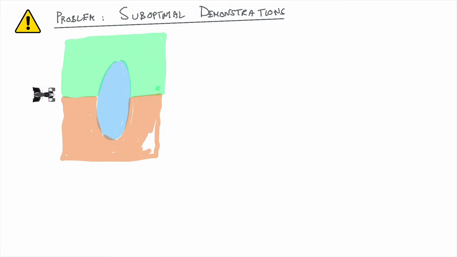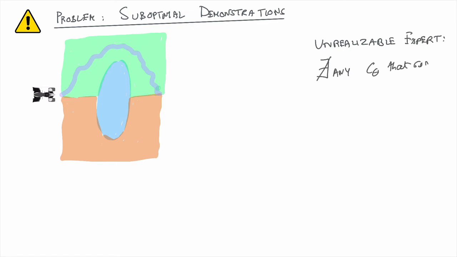Now let's pretend we receive a demonstrated trajectory that goes through the grass, but that takes a longer detour, presumably because the expert wanted to avoid going near the water. We would call this an example of an unrealizable expert. Formally, there does not exist any cost function in our cost function class for which the expert trajectory is optimal.